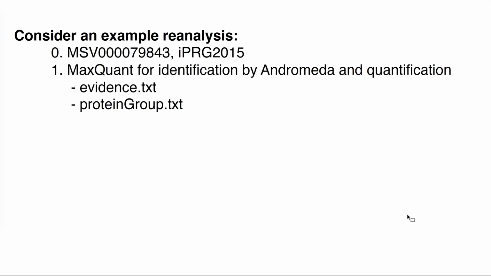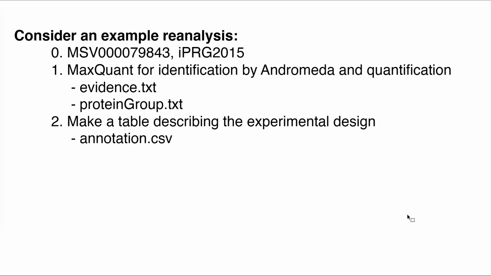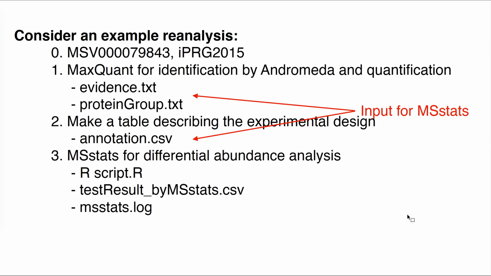And MaxQuant generates many different types of files. Among them, we use the evidence.txt and proteinGroups.txt for quantification. And we made a table describing the experiment design called annotation.csv, which includes the MS run, condition, and the biological information. For differential abundance analysis, we used MSstats, which is our package.